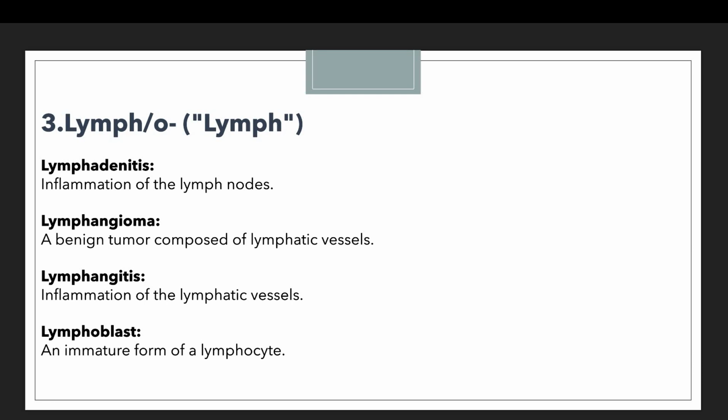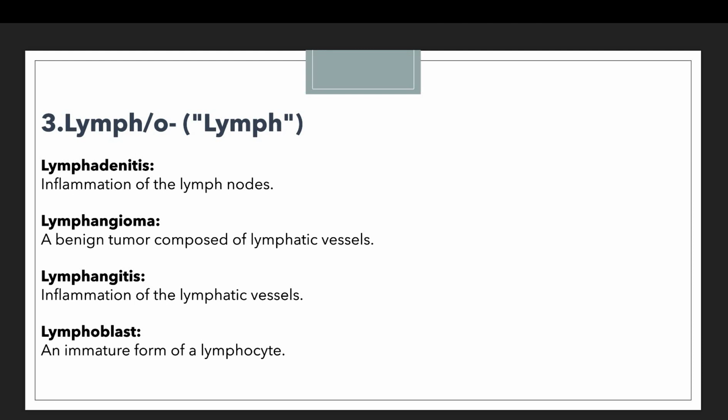The second example is lymphangioma. Lymphangioma means a benign tumor composed of lymphatic vessels. So if a tumor is composed of lymphatic vessels, then we will call it a lymphangioma. Okay. In the third example, we have lymphangitis. Lymphangitis means inflammation of the lymphatic vessels.